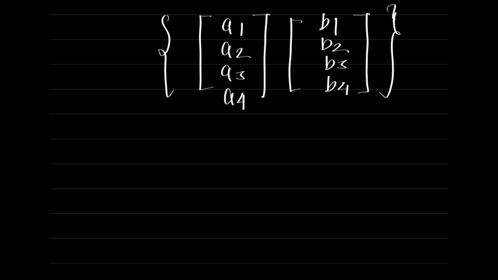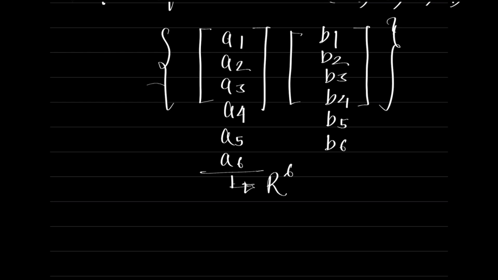Let us increase the dimension in the vectors: it will be a5, a6, b5 and b6. Now our vector has dimension 6, so it becomes R power 6.